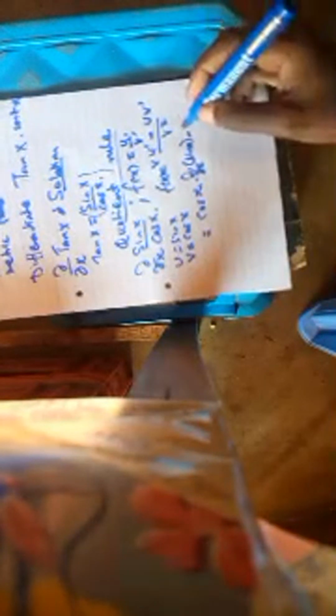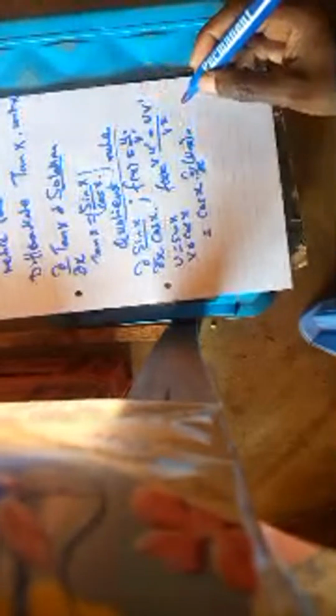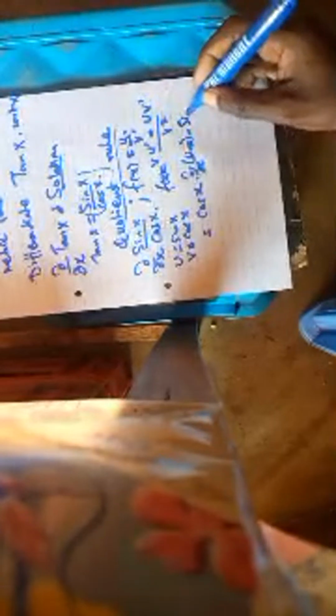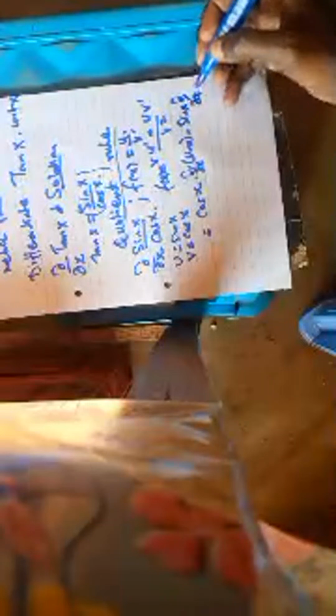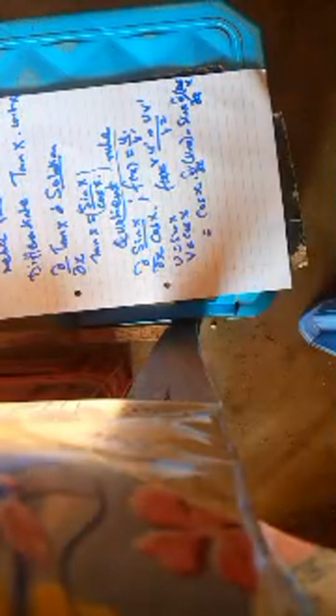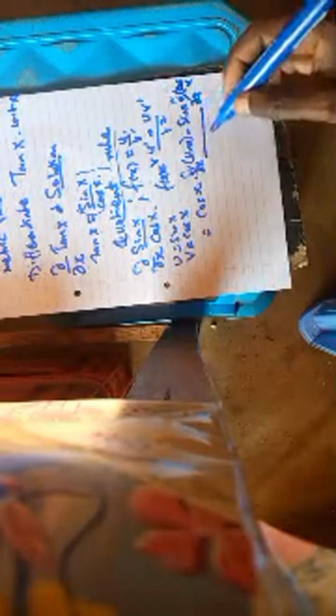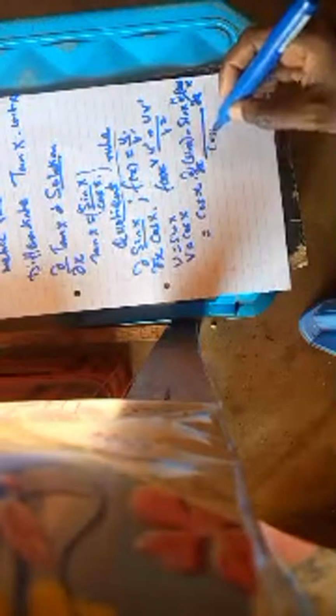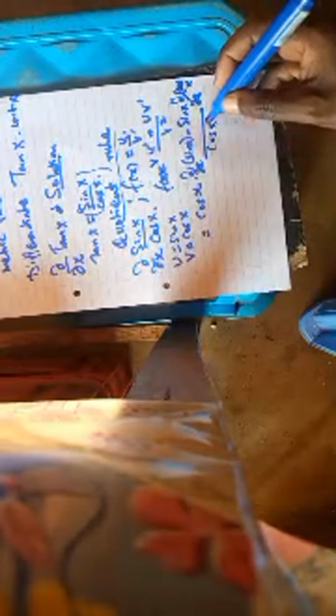I'll subtract, on the other side, my u, which is sine of x, multiplied by the derivative of cos x, everything over cosine of x squared.